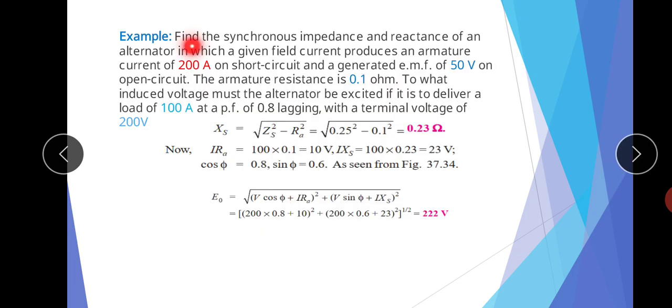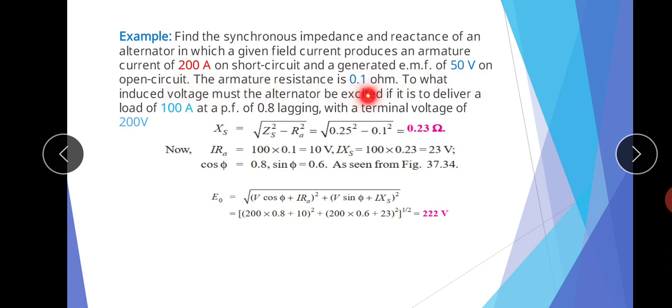Now let us consider a simple example. Find the synchronous impedance and reactance of an alternator in which a given field current IF produces an armature current of 200 amperes on short circuit and generates an EMF of 50 volts on open circuit.